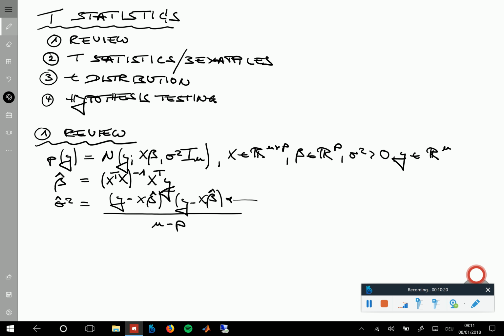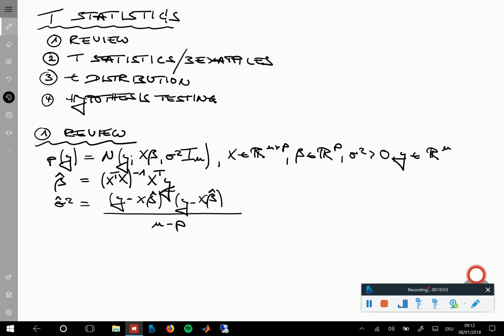So after computing the beta parameter estimate, you get a prediction for the data that you observed, which is given by the design matrix times the beta parameter estimator, and then the difference is what you can call, if you like this cog neuroscience nomenclature, a prediction error, and then, as you said, it's squared. And then it needs to be divided by this n minus p to get it into the right units.